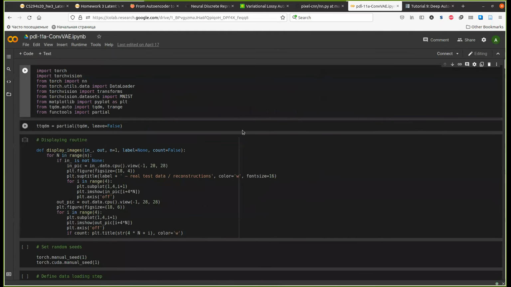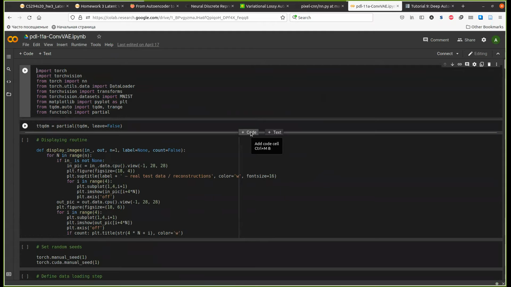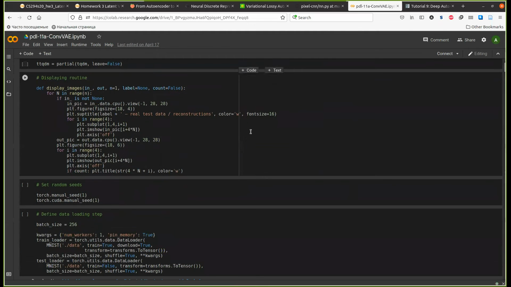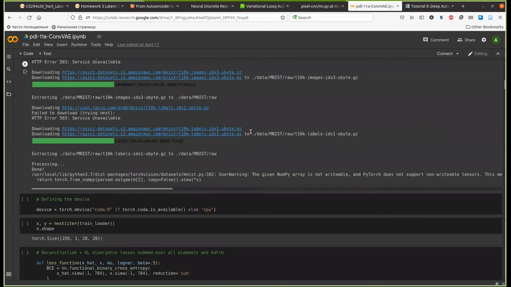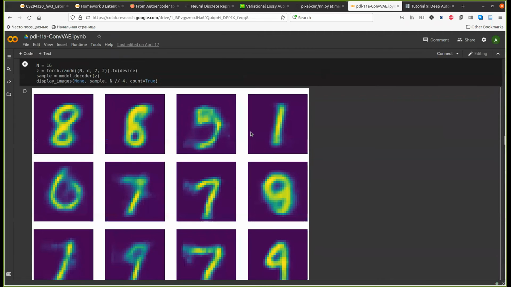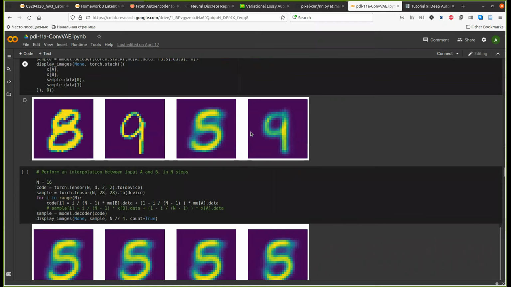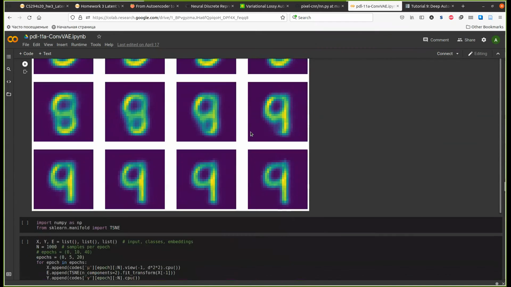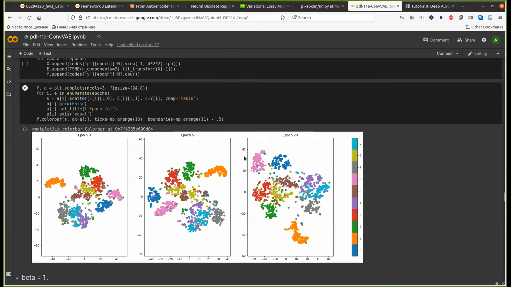And if you remember, we had the VAE part in the PyTorch deep learning course, and I've experimented a bit with it back then with this MNIST dataset.